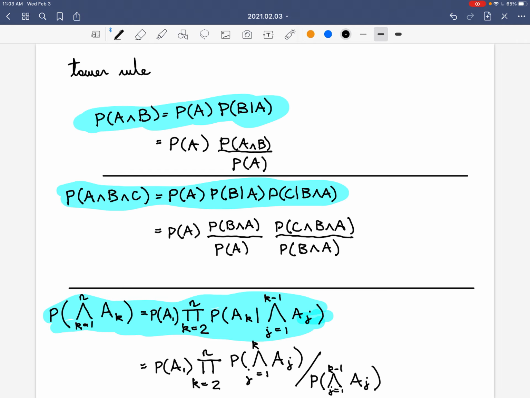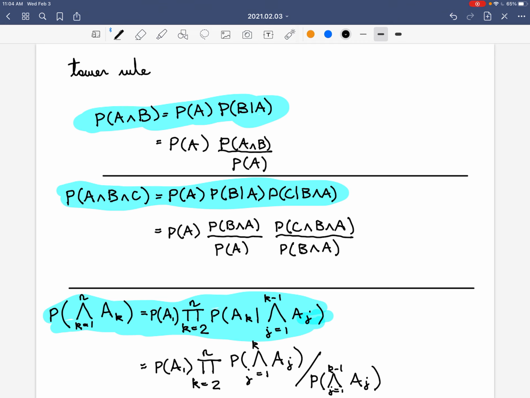And when you have this general form of the Tower rule for conditional probabilities, it really does work out as an exact telescoping product, and you can see it's just a lengthier version of the two things on the top of the page. So the Tower rule is a very important way to get from conditional probability to absolute probability.